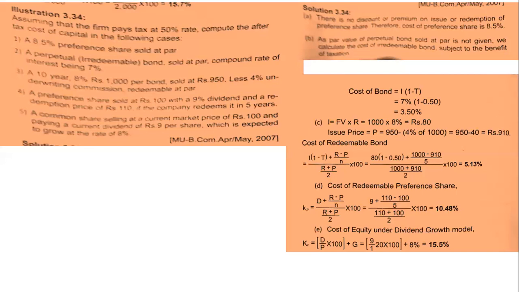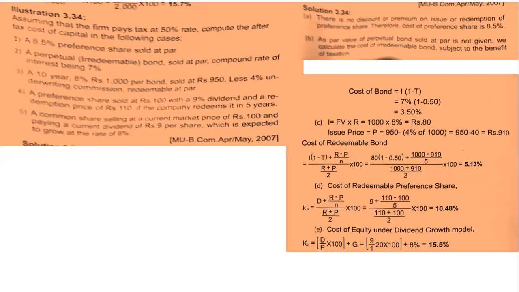So they have given us the task of calculating the cost of capital by considering a 50% rate of tax under the situations. In the first situation, there is an issue of 8.5% preference shares, which are issued at par. In the second situation, they have a debt instrument, a bond, which is irredeemable. In the third situation, again there is a bond, with issue expenses, which is redeemable after 10 years.